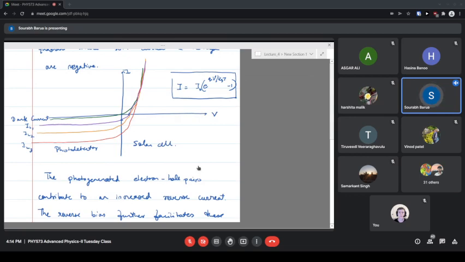Again, this will be the short circuit current, and the open circuit voltage more or less remains the same. You remember that in the solar cell, if you increase the intensity, the current increases, but that does not happen with the voltage. The voltage becomes saturated, becomes constant after some intensity of light. If you again increase the light, you will again get a higher current.